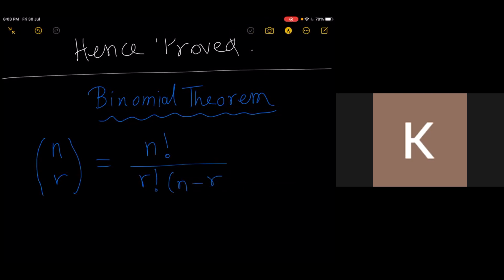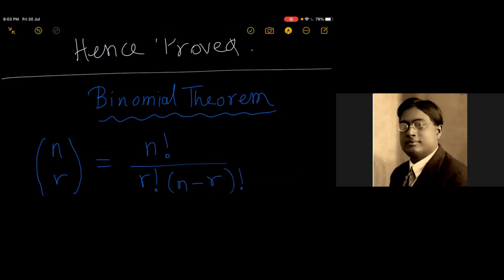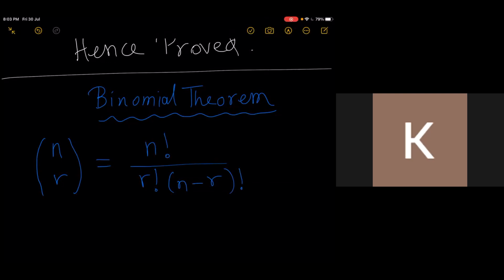You all know factorial? Yes, sir. So this is known as n choose r. It is given by this formula. It has a combinatorial interpretation also, which you will learn when you learn combinatorics in Maths Club. But for now, we don't need to think about the combinatorics part. We just need this formula.